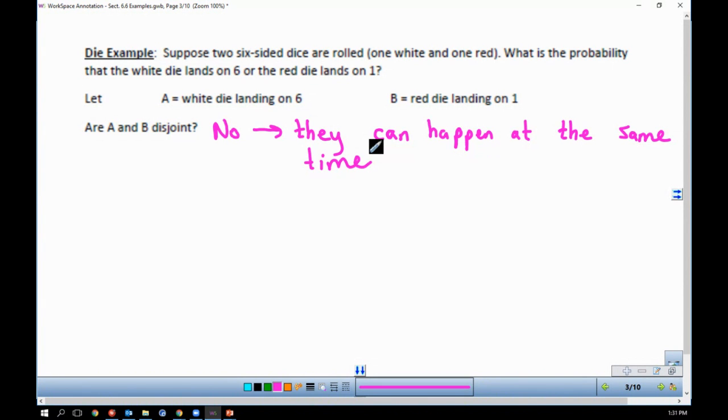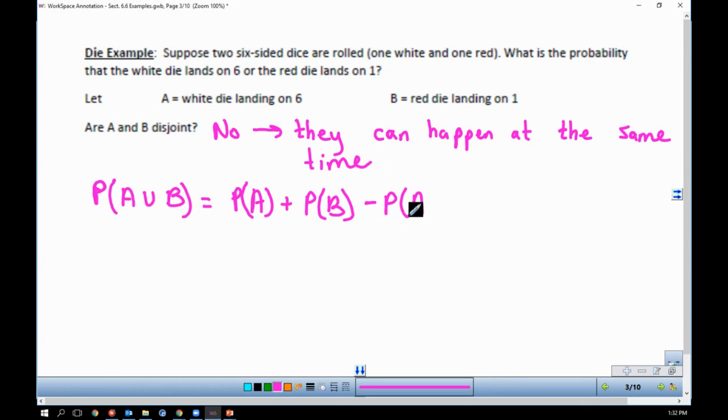So since they can happen at the same time, we said no. That means we have to use our new formula that we just learned to find the probabilities. So the probability that A occurs plus the probability that B occurs minus the intersection of the 2, that A and B occur.